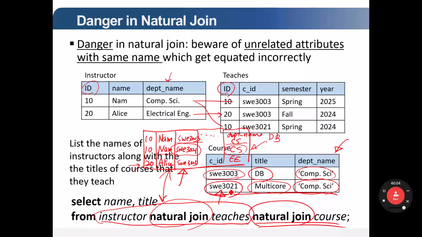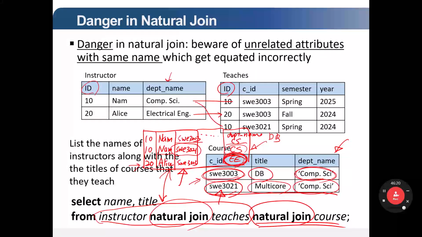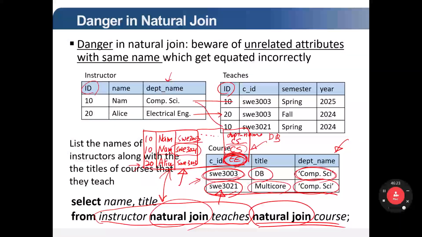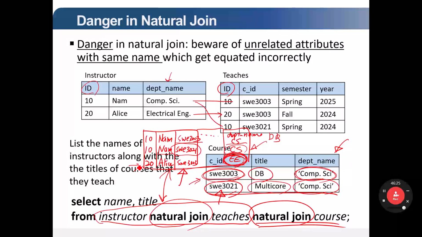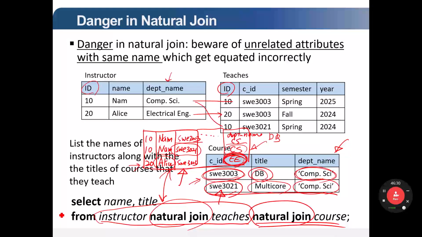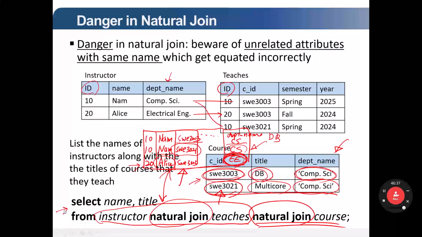Alice is teaching SW3003, but she's from electrical engineering, and SW3003 is a computer science course. So because Alice is working in a different department, her information is going to be dropped. So although Alice taught database course, that information is not going to be shown in this select query.